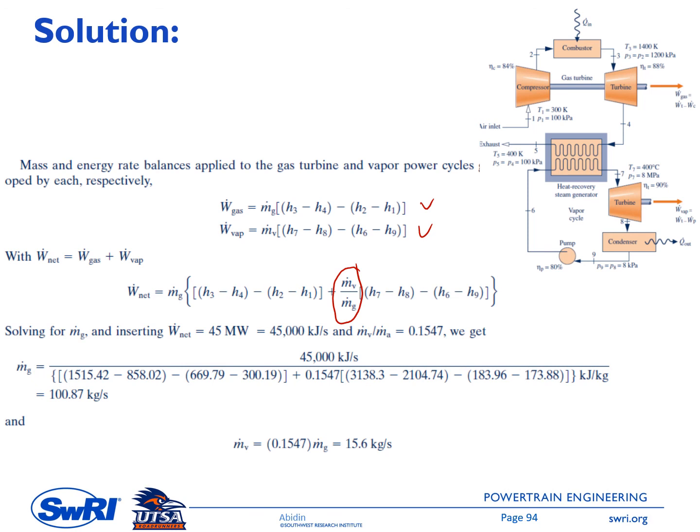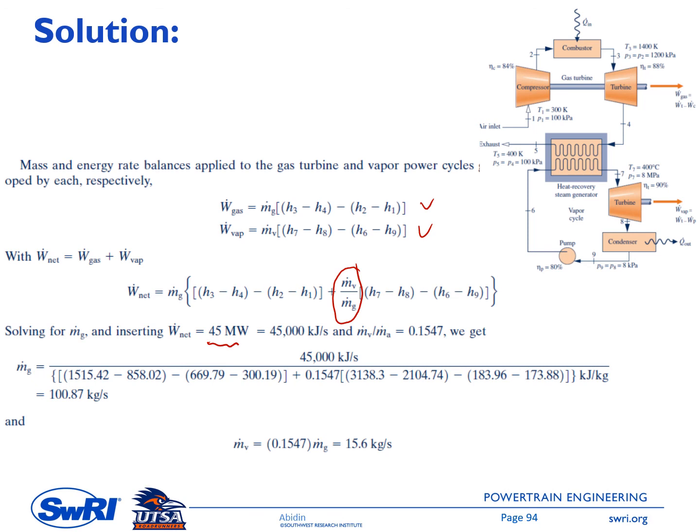Okay, so from the problem, the net work is given. It is 45 megawatt. Megawatt here equals kilojoule per second. So in this case, it means that we need to calculate the mass flow rate.